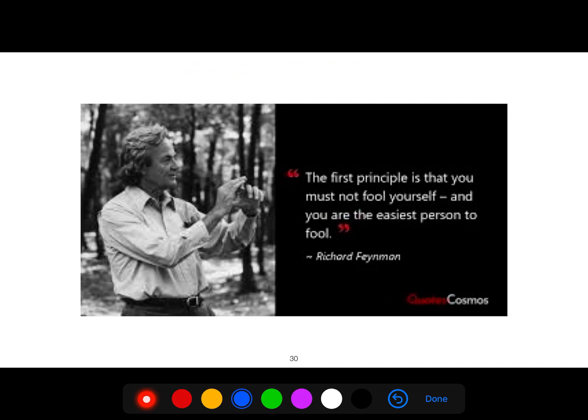And I like Richard Feynman very much. The first principle is that you must not fool yourself, and you are the easiest person to fool because you are inside of that. So you cannot understand if you are an ignorant or not. So Socrates says that we should be very careful, because we should know that we are ignorant.